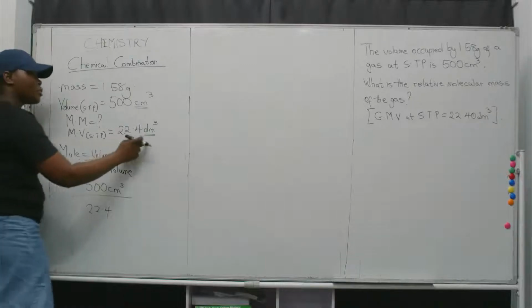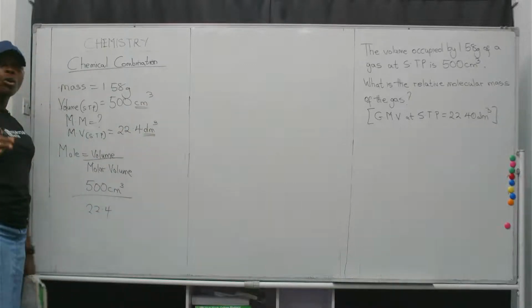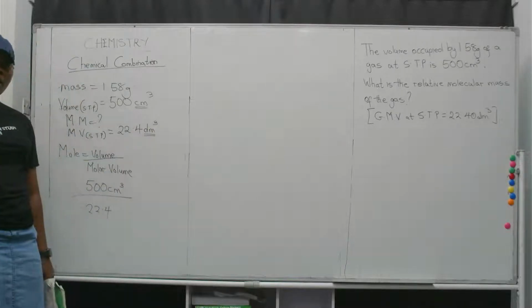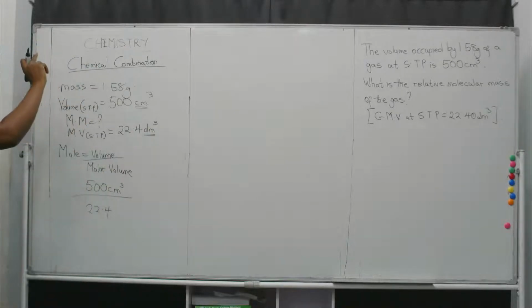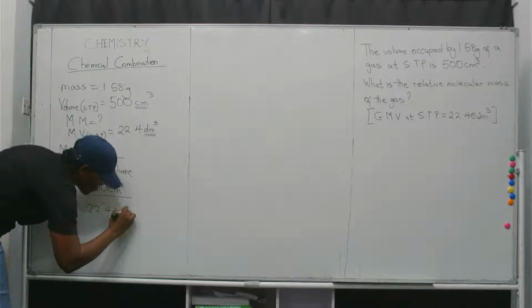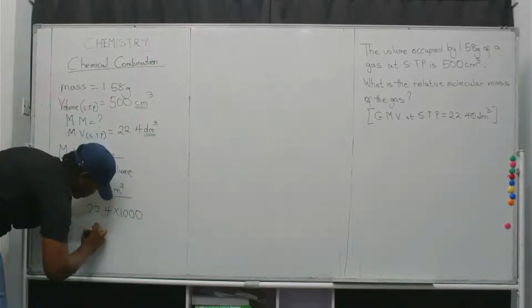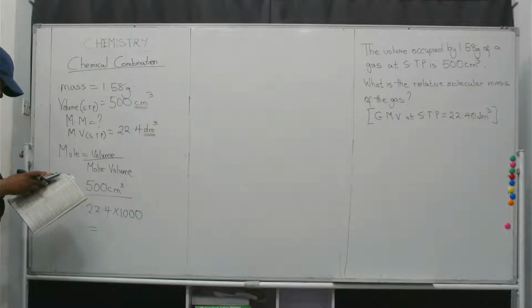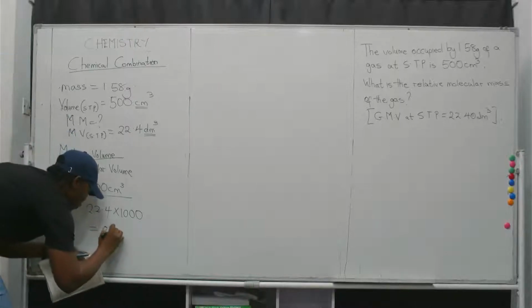To convert cm cube to dm cube, you divide by 1000. So let's convert dm cube to cm cube, so that's multiply by 1000. Let's punch that on our calculator. 22.4 multiplied by 1000.